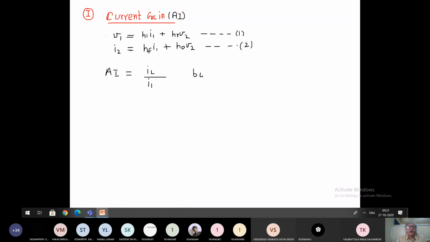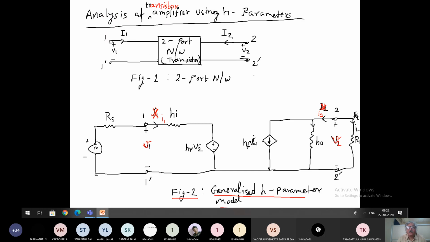Now, but what is the relation between IL and I2? You see here, this is I2 and this is IL, right? So both are same. See, actually in the two-port network, when you define I2, the direction of I2 is inside. Always in the two-port network, it is defined in this way.